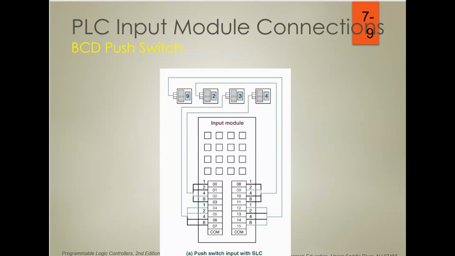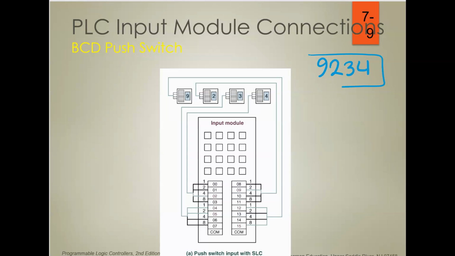Here is another example. In this example, we need to tell our PLC about a set point which needs 4 decimal digits. For example, 9,234. We need to enter this as data to the PLC processor.